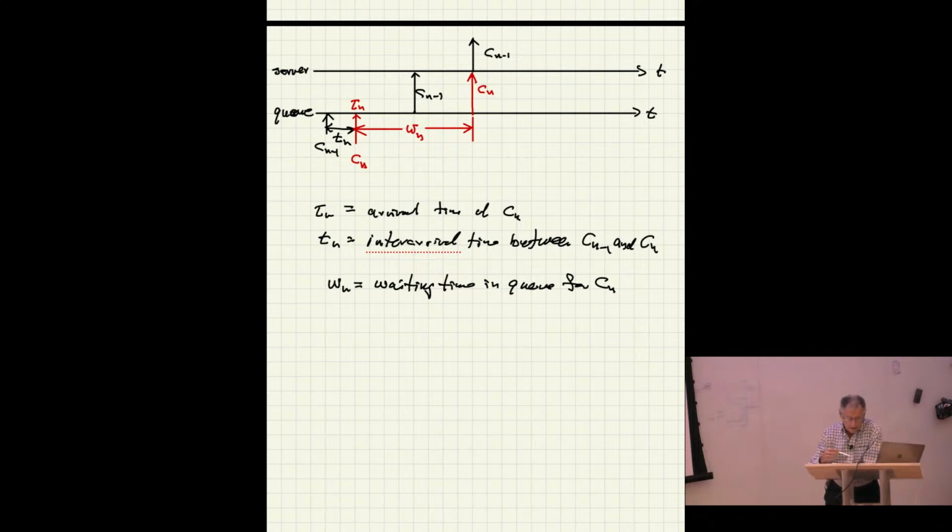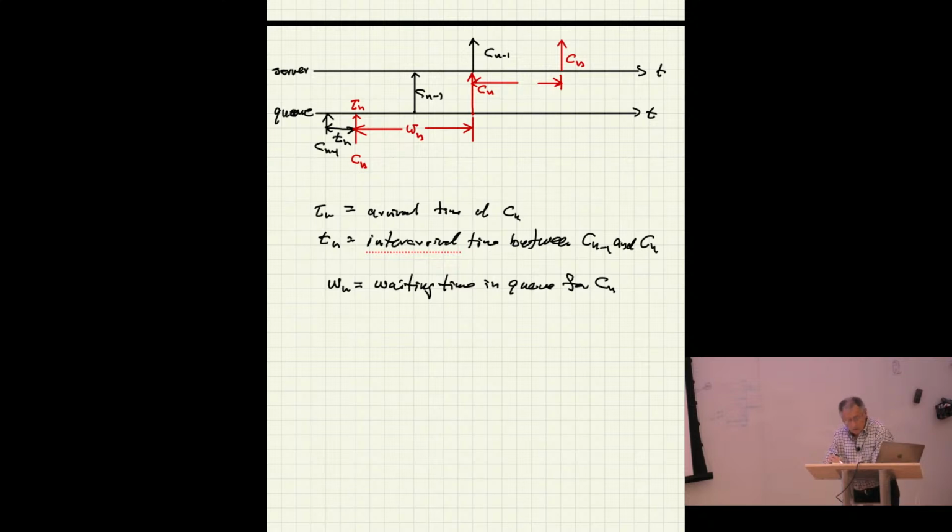Now, sometime later, our good friend Cn is going to leave. Let's assume that happens here. Now, what can I say about the interval I'm about to label? What is that arrow I just identified?